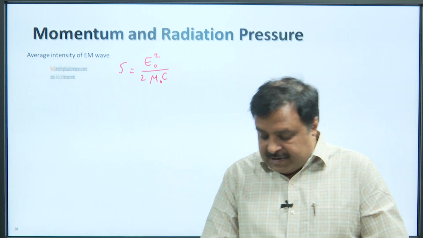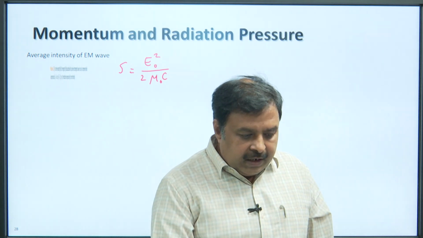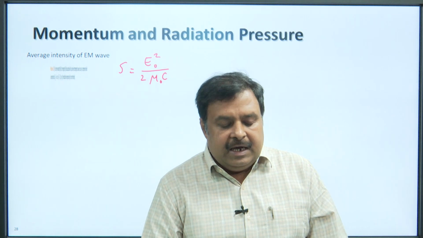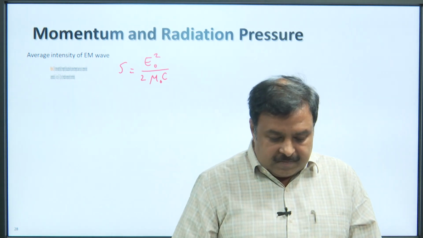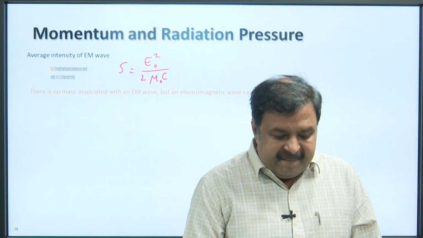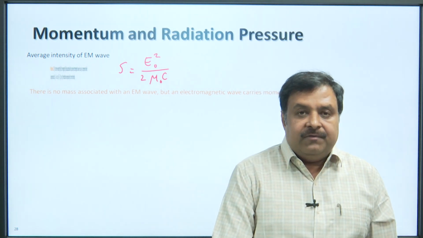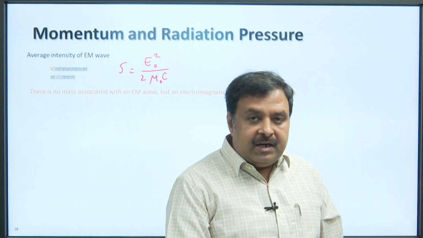Now, let us discuss momentum and radiation pressure. The average intensity of an electromagnetic wave is S equal to E 0 square by 2 mu 0 c. There is no mass associated with an electromagnetic wave, but it carries momentum.